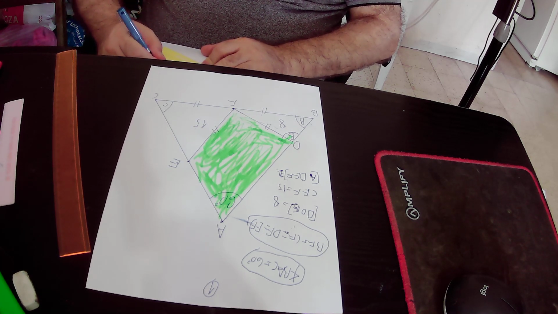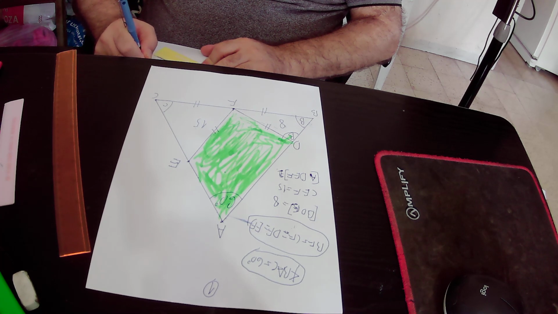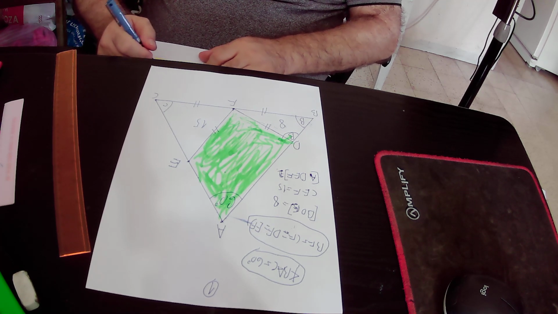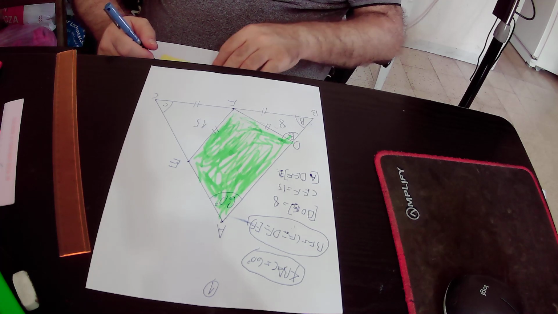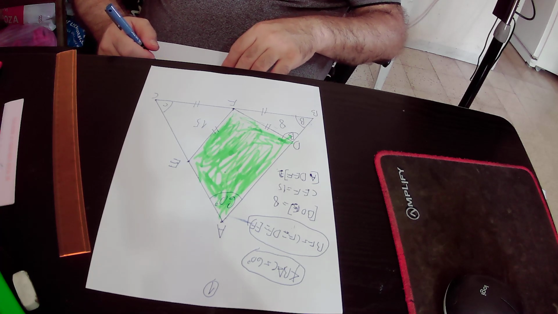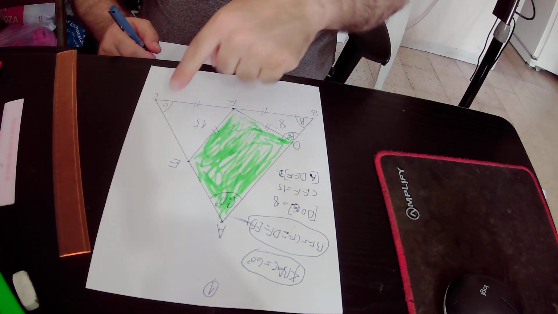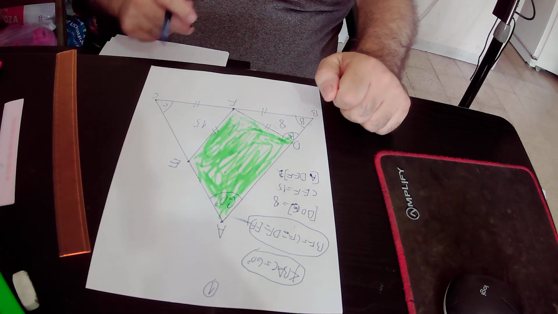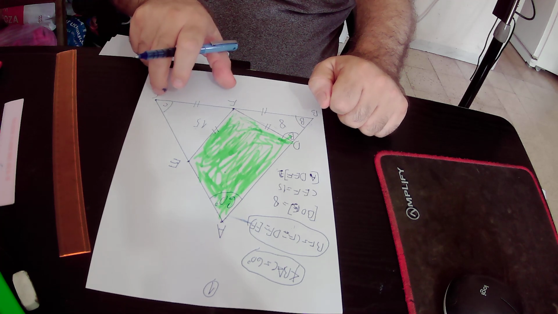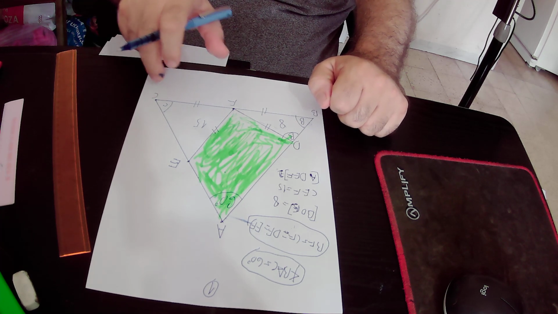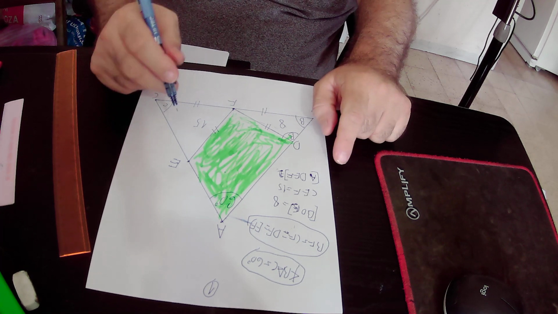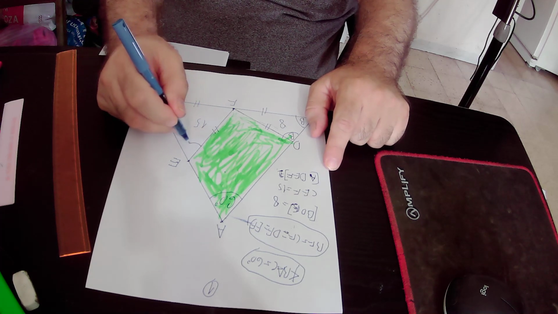FC equals FE, and actually in front of side FE we have angle C, and in front of side FC we have angle FEC, this angle.